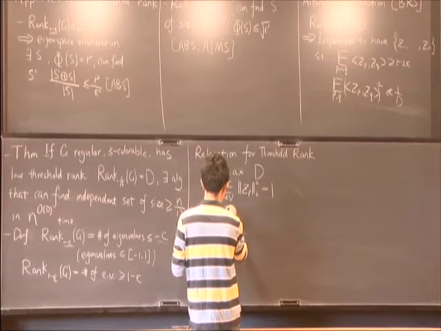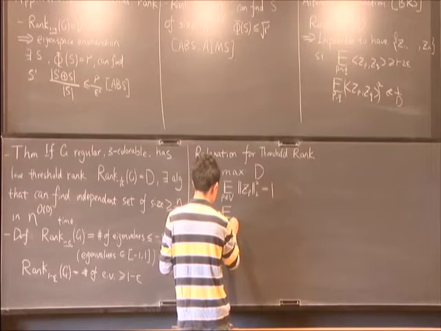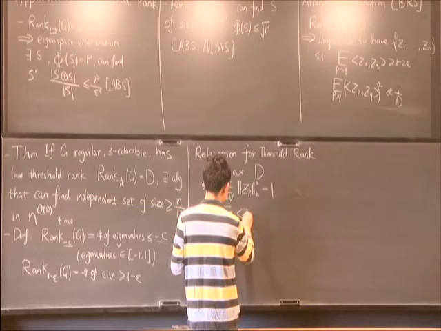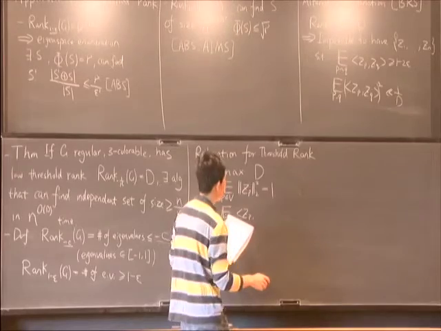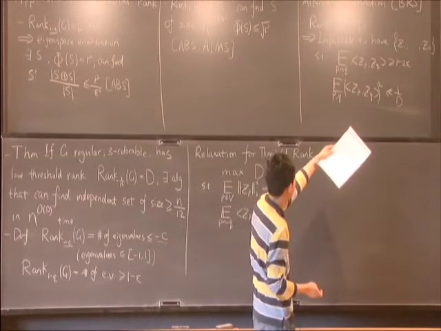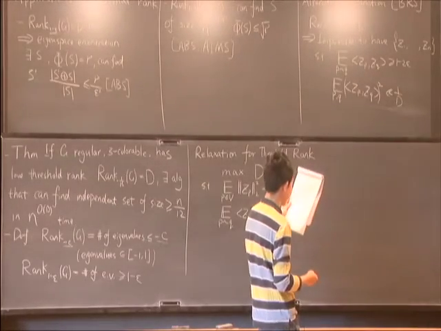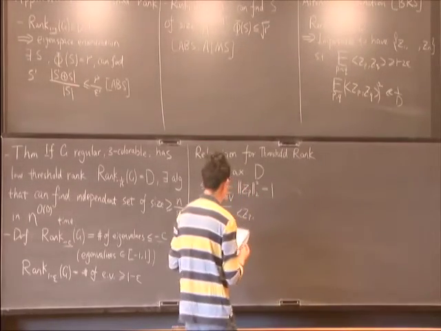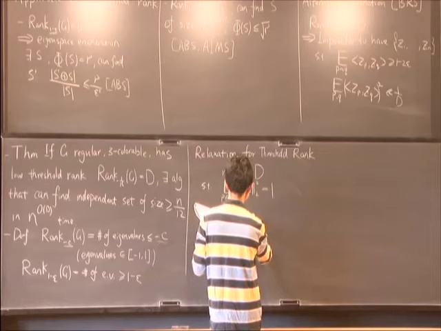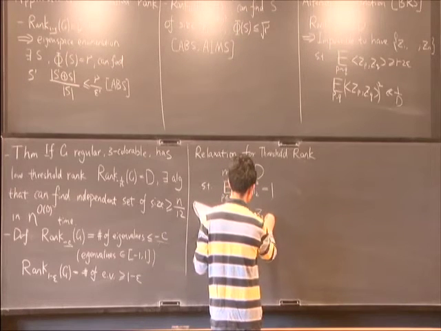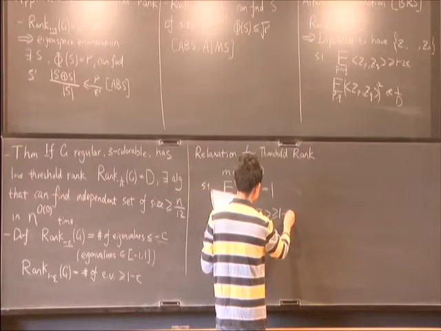And for a random edge, sorry, here it should actually be, instead of 1 minus 2 epsilon, 1 minus epsilon over 2. Anyway, for a random edge, this inner product is at least 1 minus epsilon.